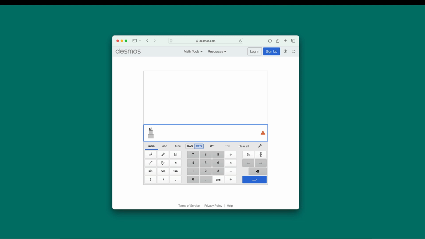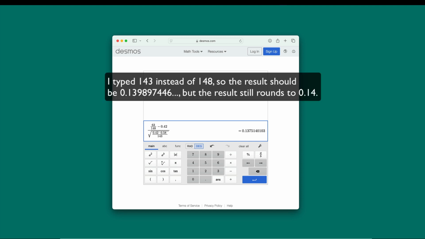We have 63 over 148 minus 0.42 divided by the square root of another fraction, where we have 0.42 times 0.58, all over 148. So we see we get a test statistic of 0.1375, yada yada, which we will approximate. So let's go back to the notes and do that.